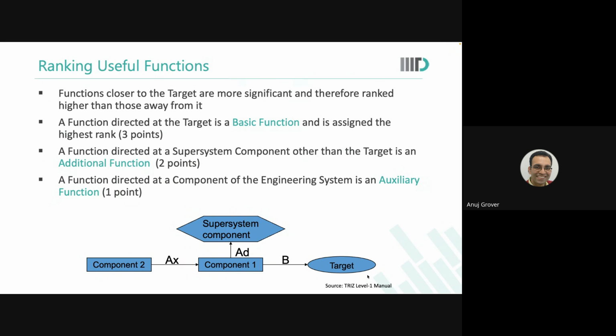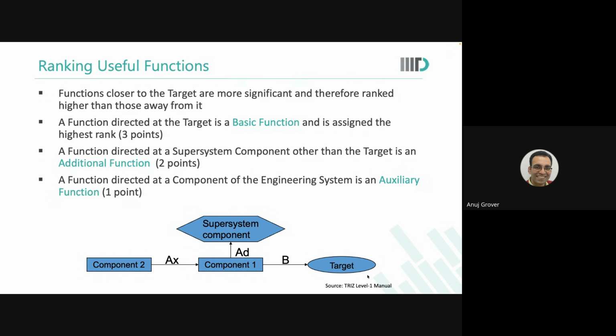Any useful function on the target is called a basic function, and it gets a weight of 3. Any function that is happening on the other supersystem components is an additional function of the engineering system. It gets a weight of 2, in the model that I'm talking about.